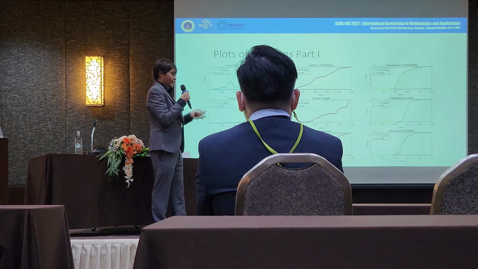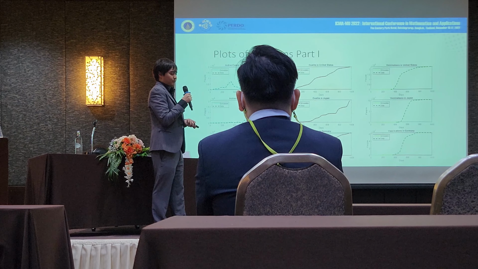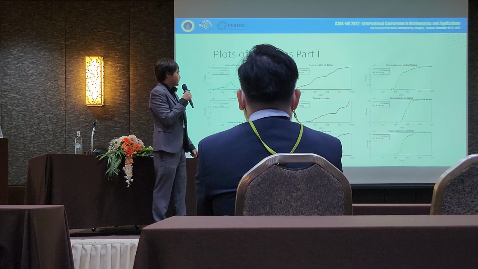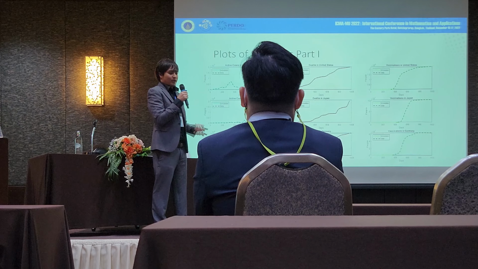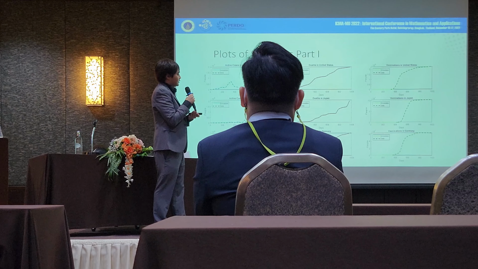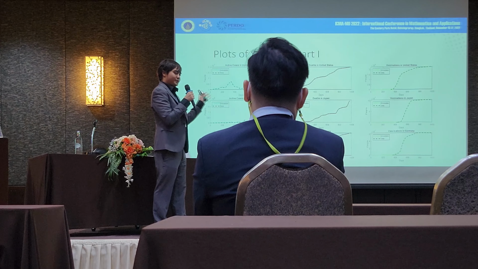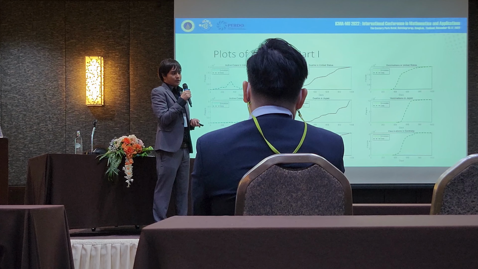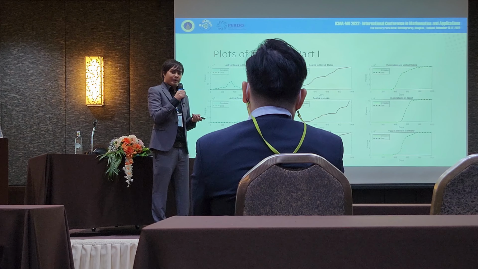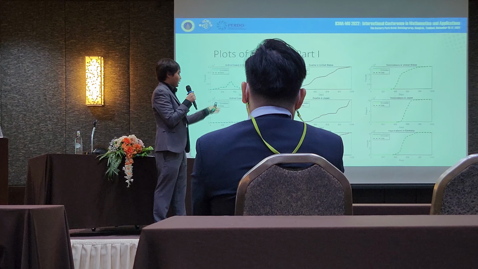In the last slide, I showed the plots for solutions for the United States and the parameter values. That was what I did originally. And then I was like, well, maybe we could extend it and apply it to other countries as well. And turns out we can.